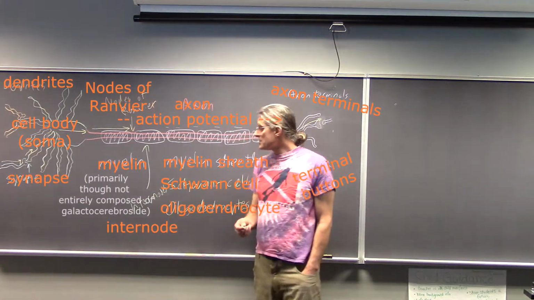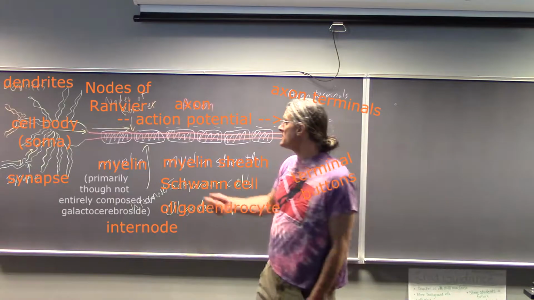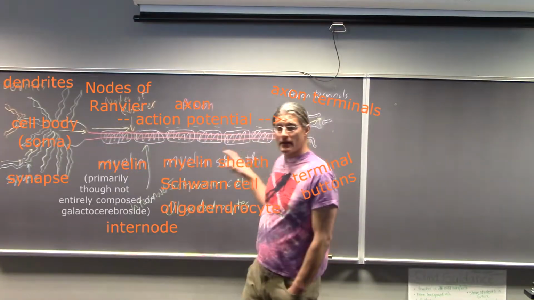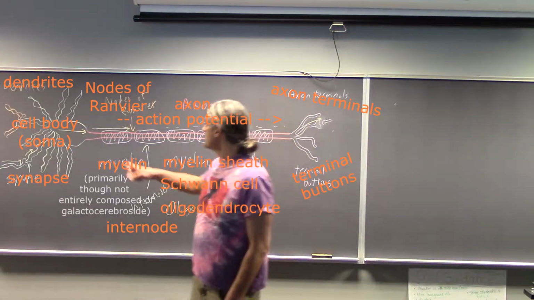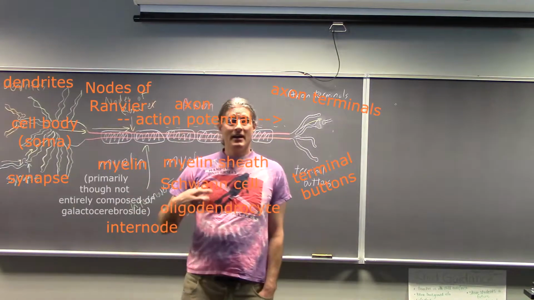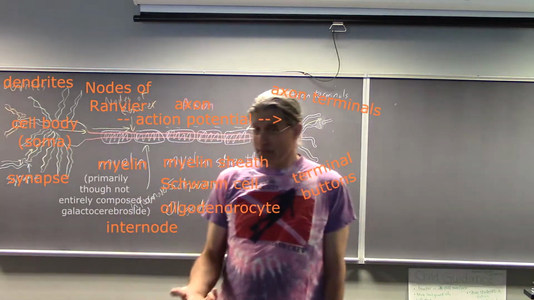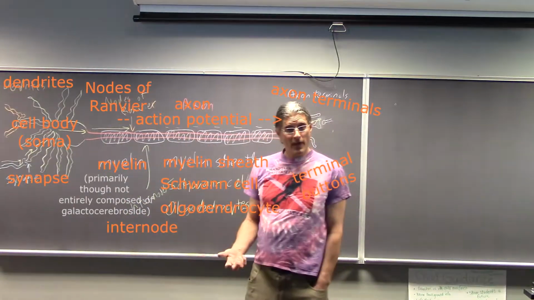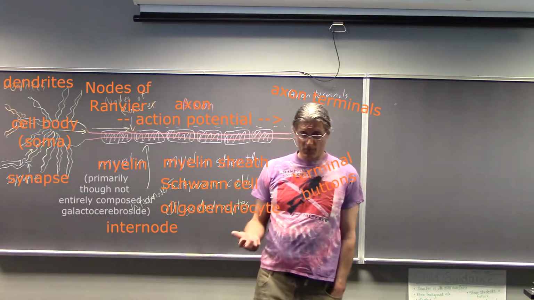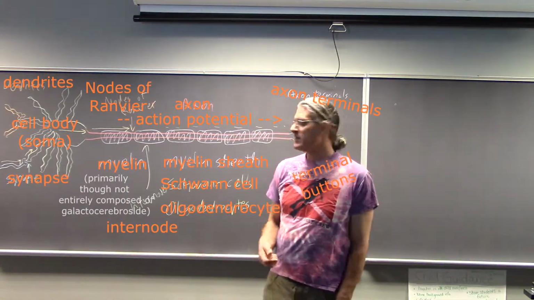And so what happens is you have signal passing down the axon, and because of this insulation, the signal is protected, but also the signal can move faster, and the signal is more efficient in its movement in terms of energy usage.